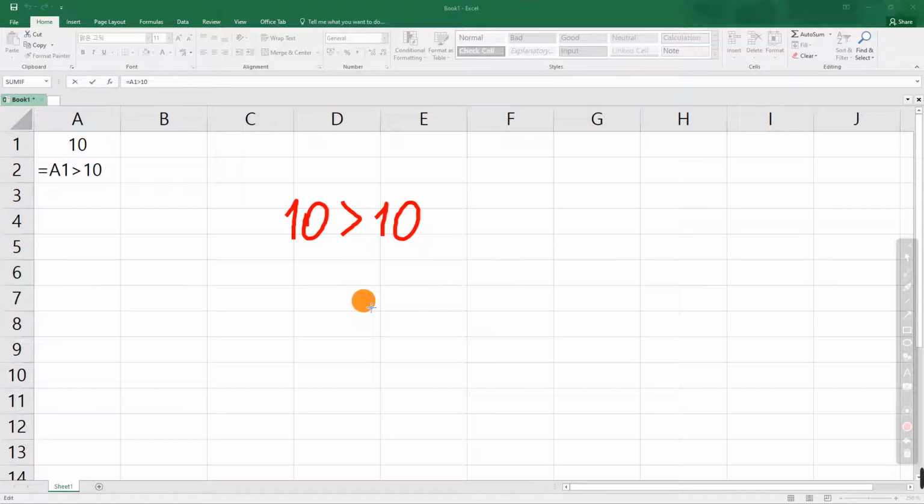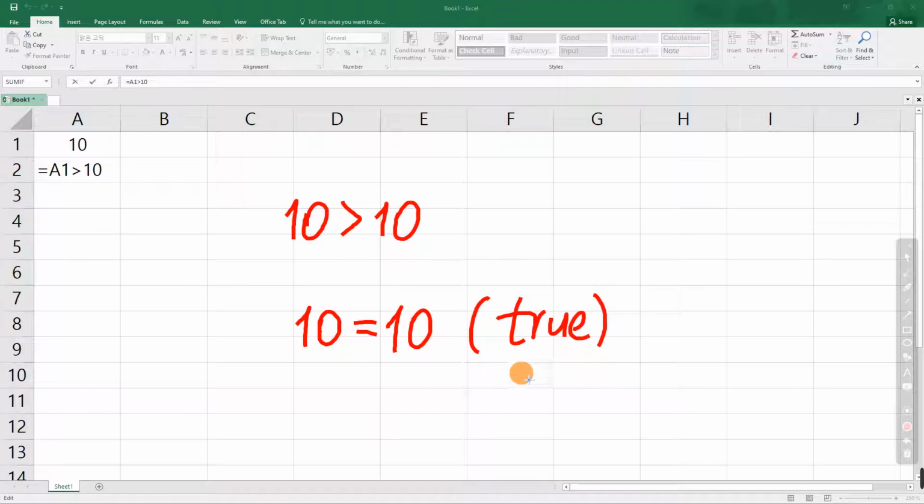This is just an example. Of course, we know that 10 is equal to 10. 10 is not equal to 11, 10 is not equal to 12, but 10 is only equal to 10. So this statement is true. Or correct. Usually we can say correct.